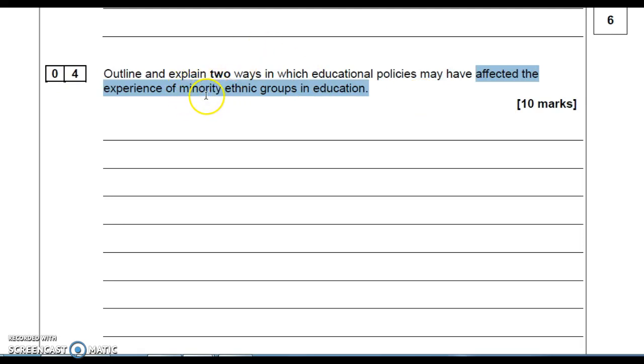So here you need to be talking about specific ethnic minority groups, so black students, Asian students, Bangladeshi, and so on. Make it clear, and you are addressing their experience as well, whether it's a positive or a negative experience of this policy.